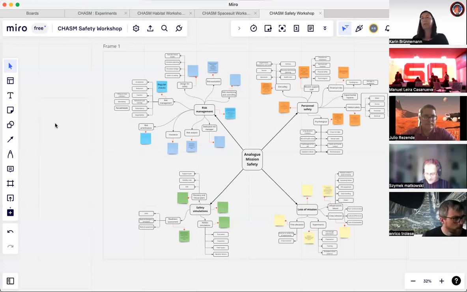They need to know that there is a mission going on. They need to know where the habitat is located, and we need to know how long it will take them to get to the habitat. In international missions, we need to make sure that if we call emergency services, there's somebody speaking English or whichever language the mission is in, because it doesn't help if we call them and we can't communicate with them.